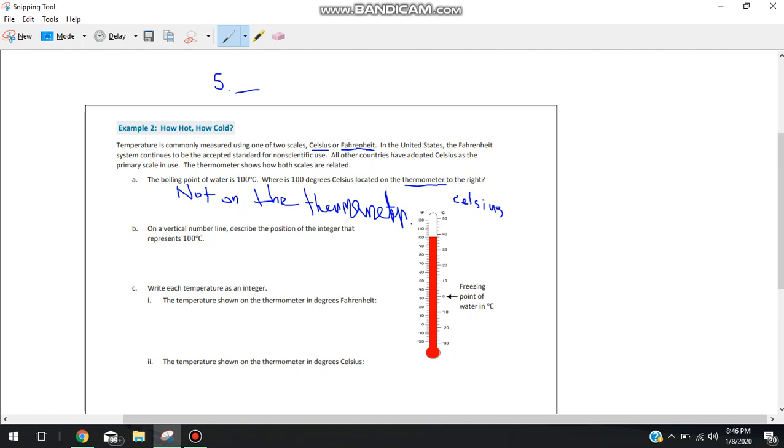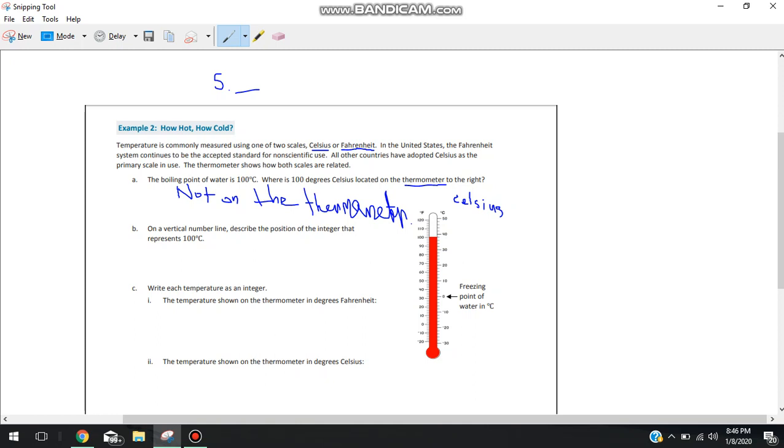B, on the vertical number line. Remember that vertical means going up and down. Describe the position of the integer that represents 100 degrees Celsius. So how can we describe where 100 degrees Celsius would be on this thermometer?